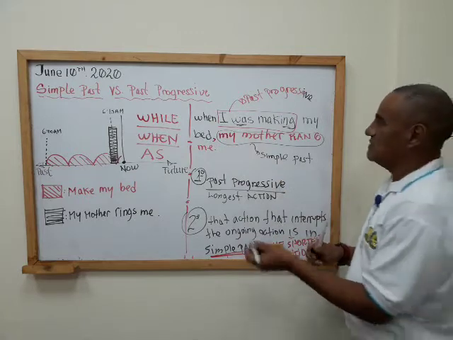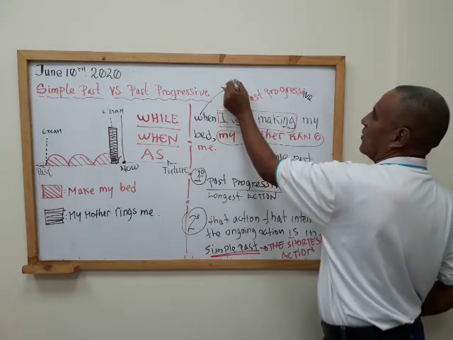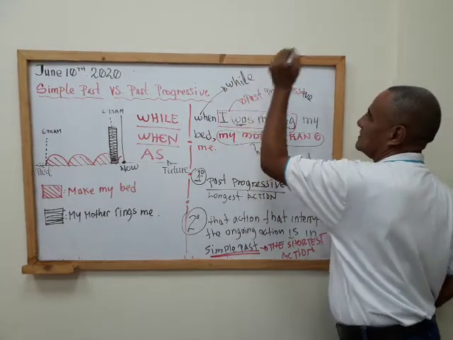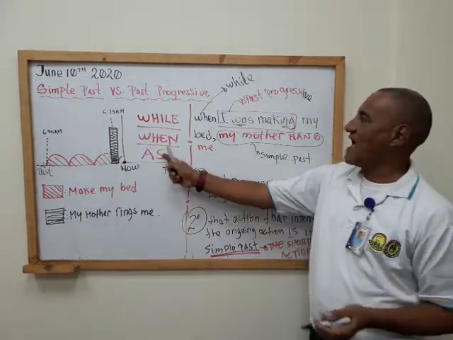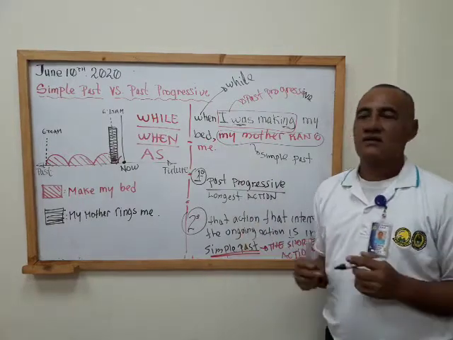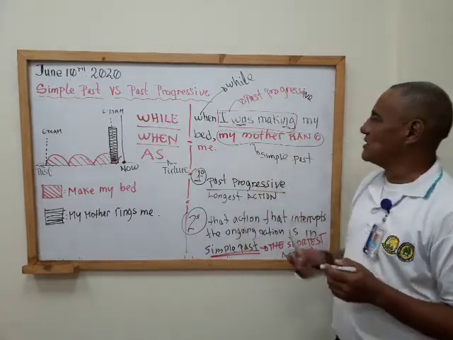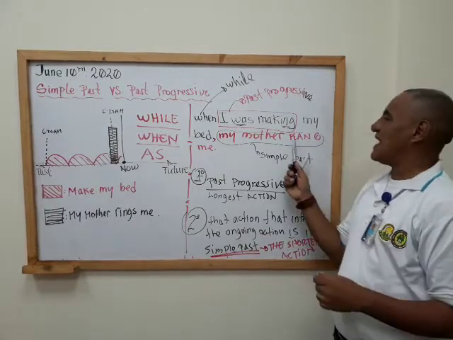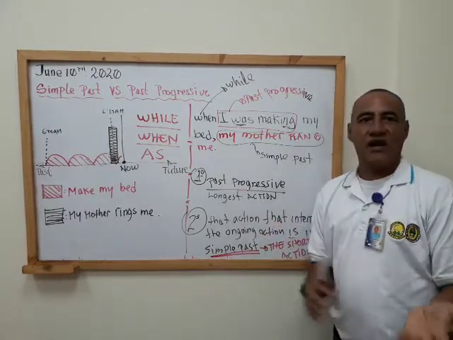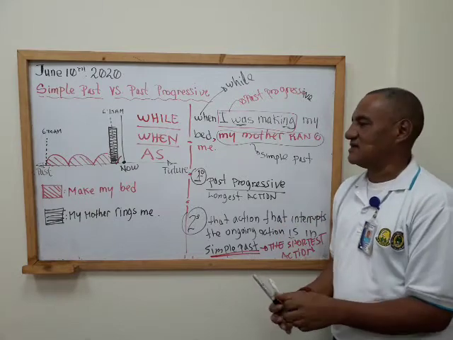While, mientras. While I was making my bed, my mother called me. Or as I was making my bed, my mother called me. Or vice versa. My mother rang me when I was making my bed.